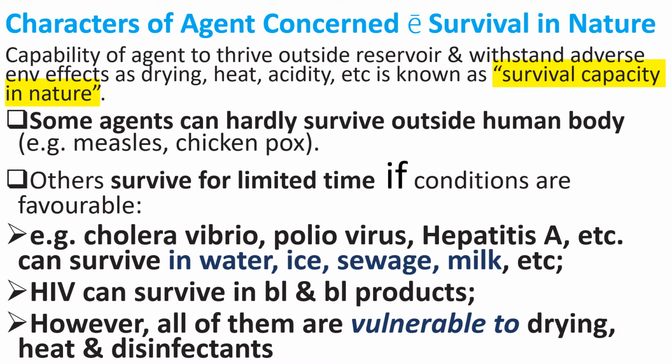Others survive for limited time if conditions are favorable, like cholera, polio, hepatitis A. They can survive in water, ice, sewage, and milk. HIV can survive in blood and blood products. However, all of them are vulnerable to drying, heat, and disinfectants. This is important when we are talking about removal of these organisms from where they are present.